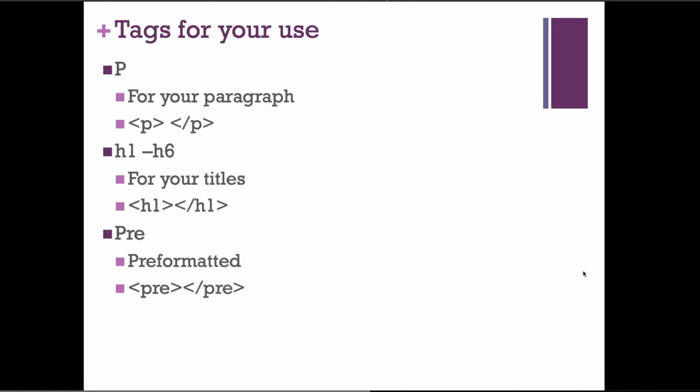So now I'm taking you deeper. What kind of tag can you use? I would say there is a P tag, which is the most popular, and this is for the paragraph. As you can see, starting opening P tag, closing P tag. And then in between here, what do you put?